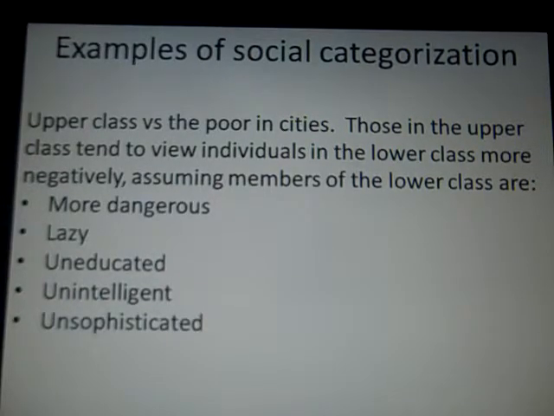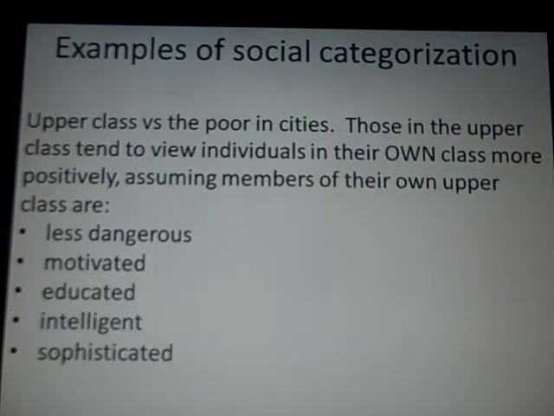Another example of social categorization, upper class versus the poor in cities. Those in the upper class tend to view people in the lower class more negatively, assuming members of the lower class in cities are more dangerous, lazy, uneducated, unintelligent, and or unsophisticated, when that certainly may or may not be the case.